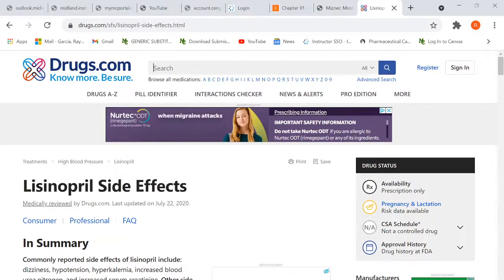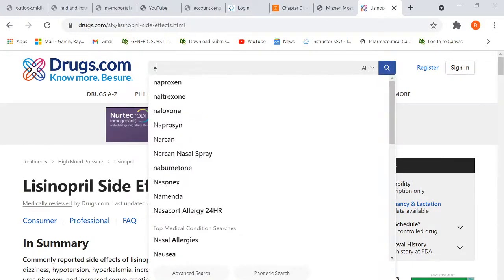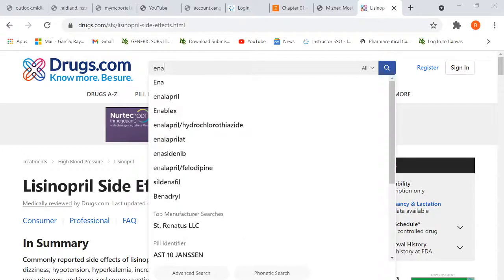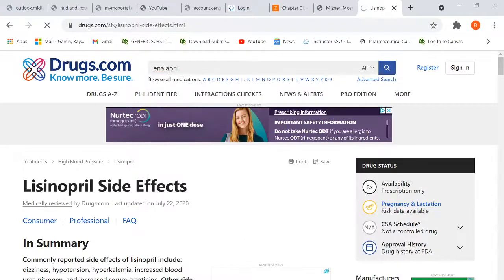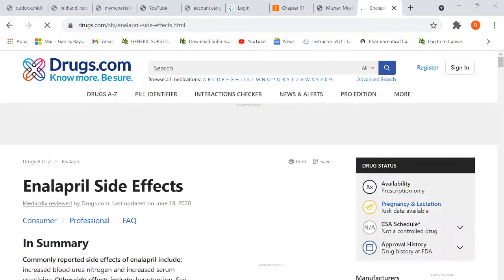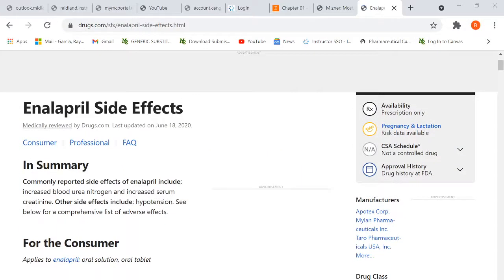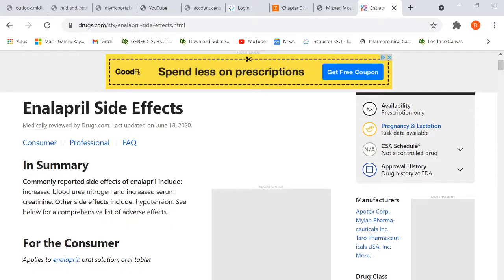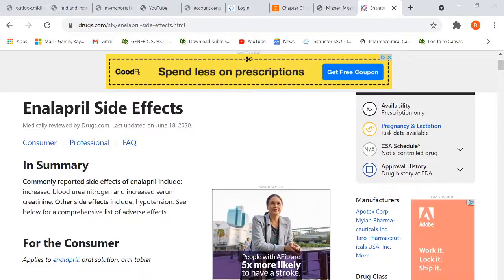Let's go back up here to enalapril. Get the side effects. Commonly reported side effects: increased blood urea nitrogen and increased serum creatinine.